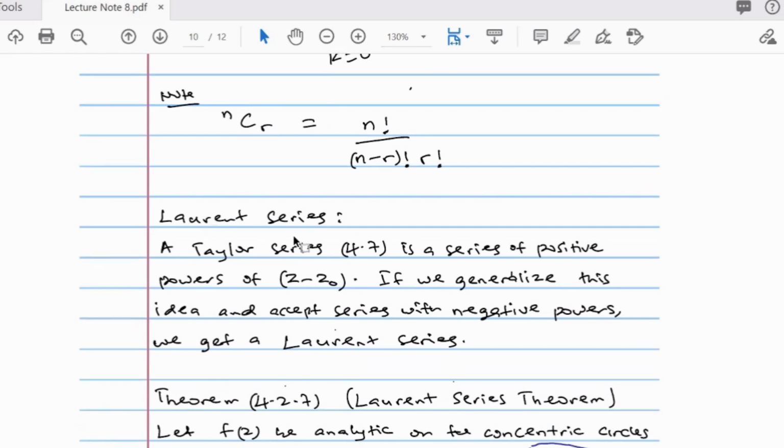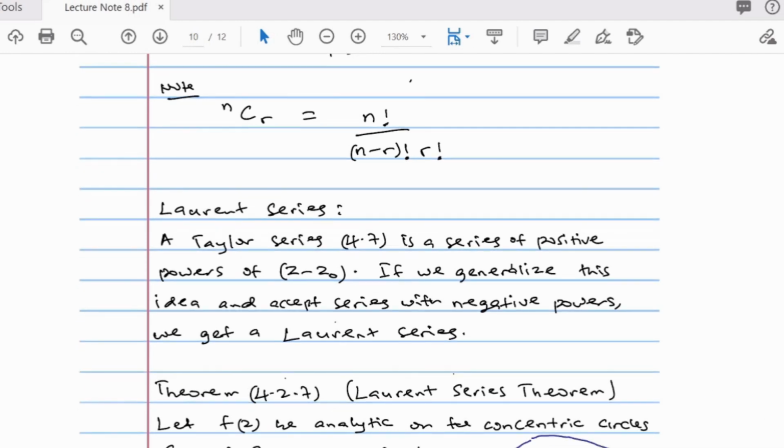So the difference between Laurent and Taylor series is that a Taylor series is a series of positive powers of z minus z naught, because z minus z naught is raised to the power of positive numbers.